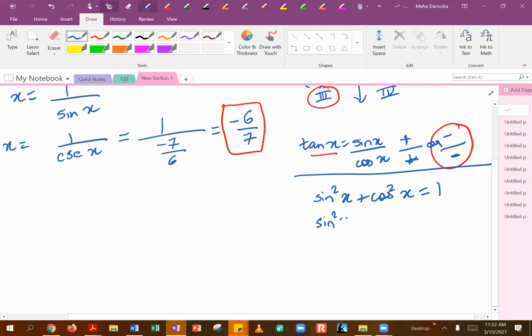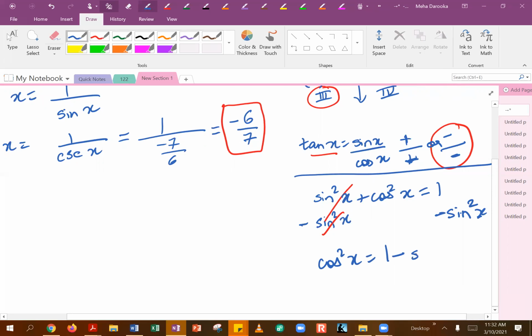So the first thing we are going to do is subtract our sine squared function and move it to the right-hand side. So basically, we are getting the cosine function by itself.